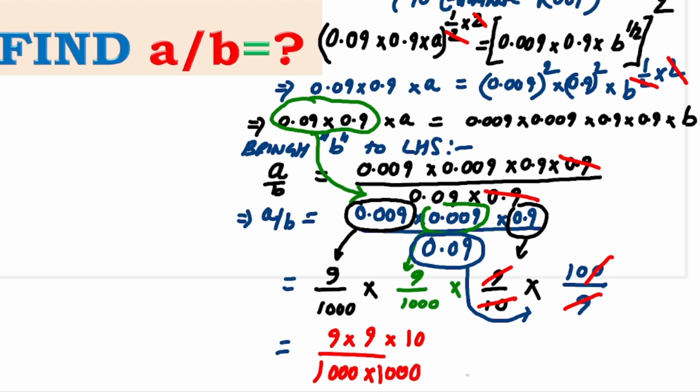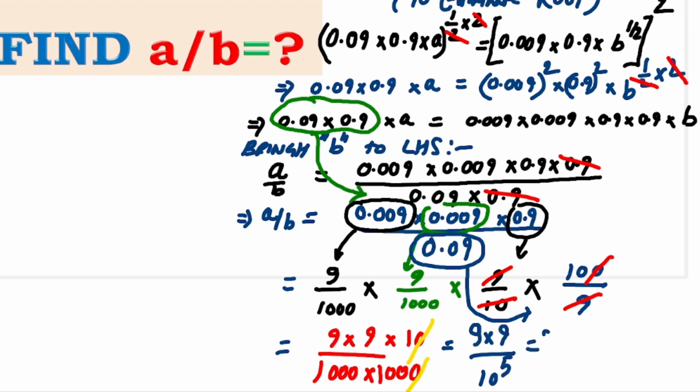Now 10 will be cancelled out with one of the zeros, right. 10 will be cancelled from the denominator and numerator. So we are left with 9 into 9 by, you can see in the denominator there are 5 zeros, 1 2 3 4 5.